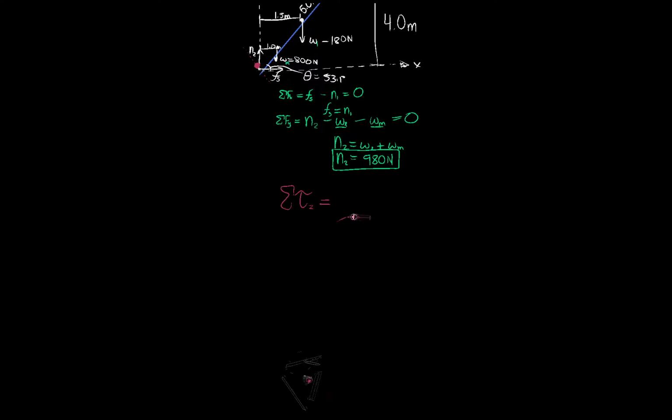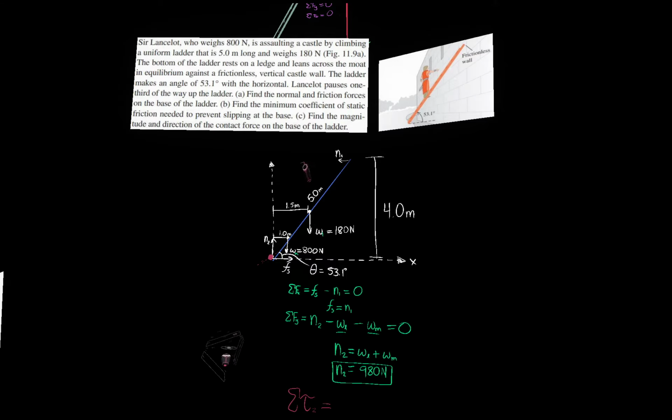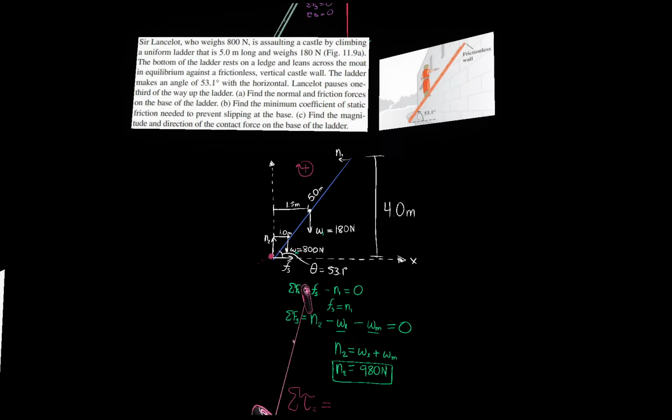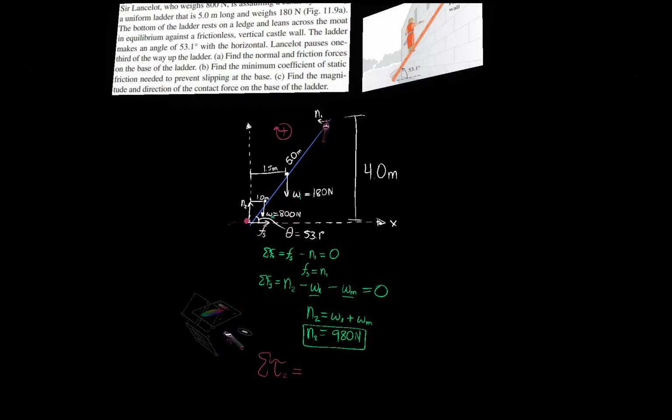We have the torque from this weight, making it want to go this way, and we'll define this way as positive torque. How about that? That way is positive torque. And so you have this way, that force making it rotate in the positive direction, this one making it rotate in the positive direction, and then this one making it rotate in the negative direction. So this one better cancel out these two so that it's not rotating.